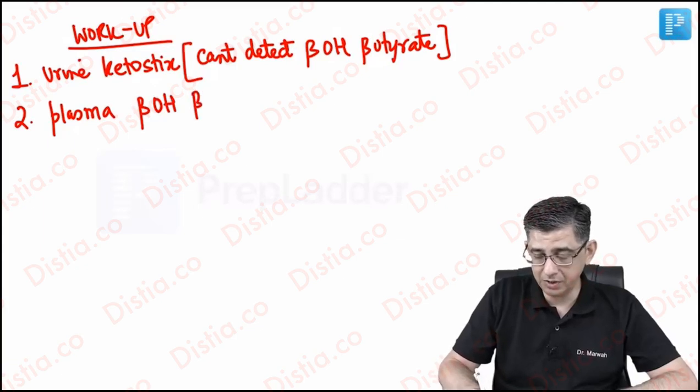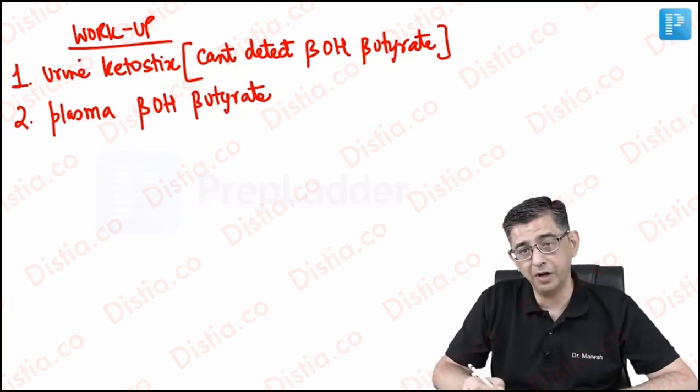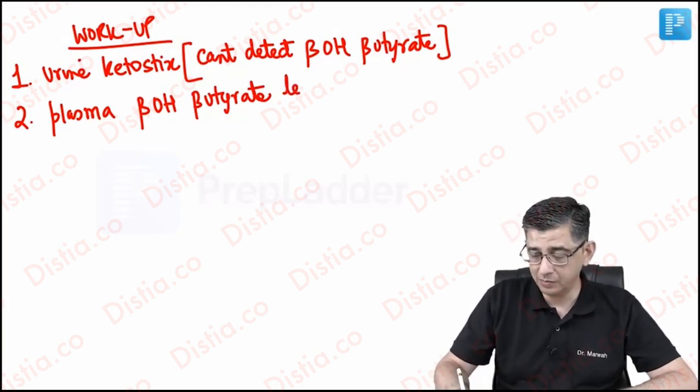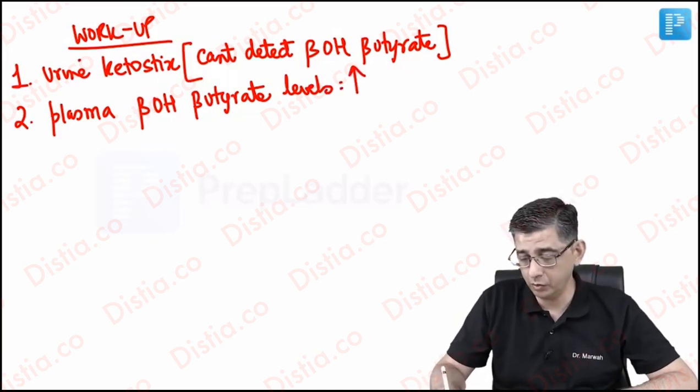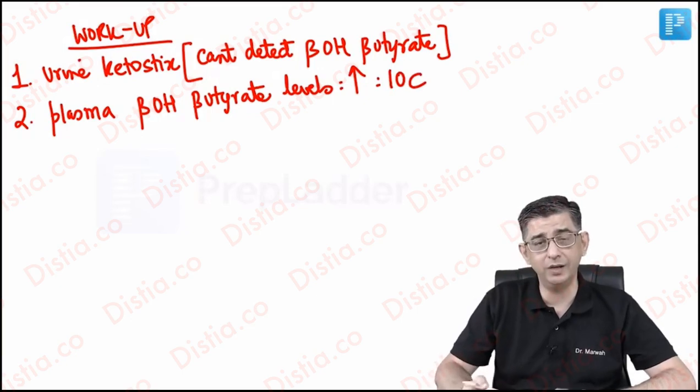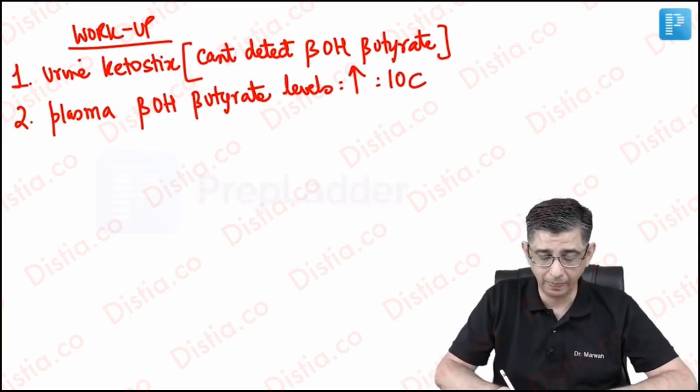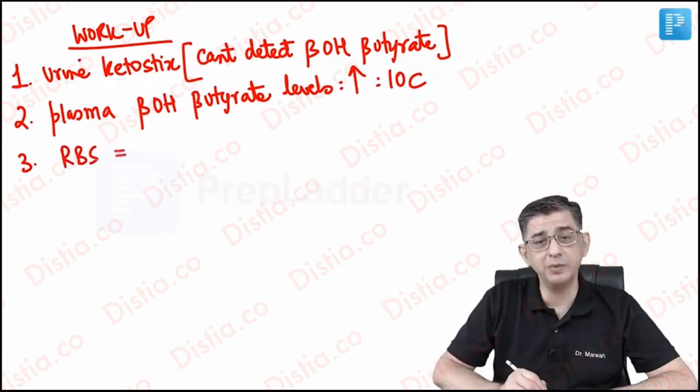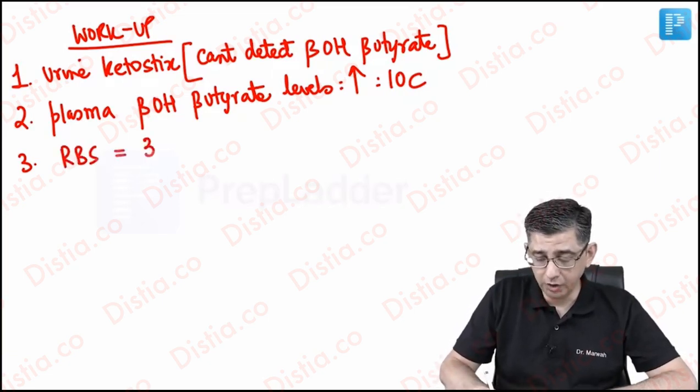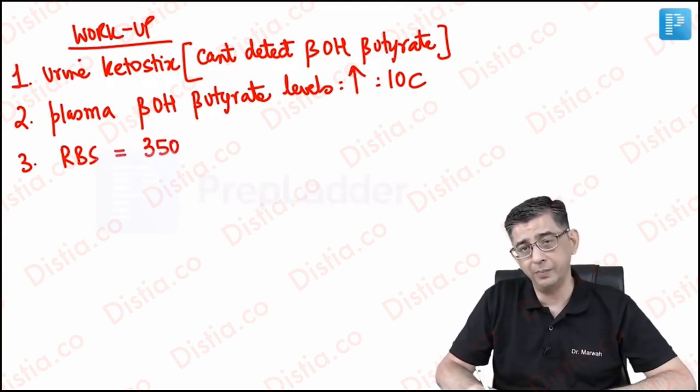And if the question simply says what is the best test to confirm the diagnosis of diabetic ketoacidosis, then plasma beta hydroxybutyrate value is the short way, so you can be sure that you are dealing with a case of diabetic ketoacidosis. When I check the random blood sugar of this patient, it will definitely be spiking, but will usually be less than 600 mg%.